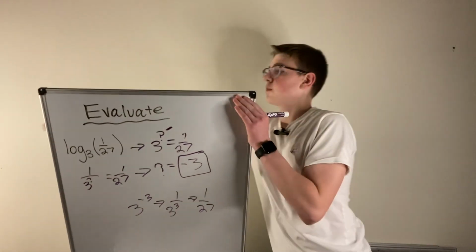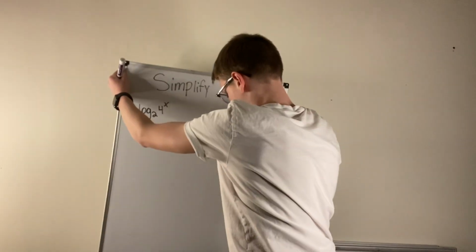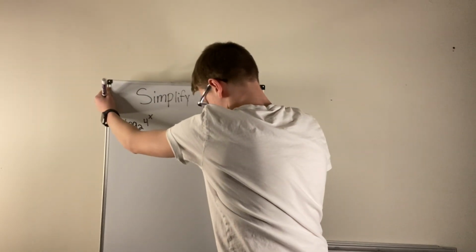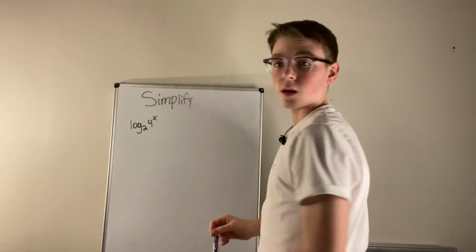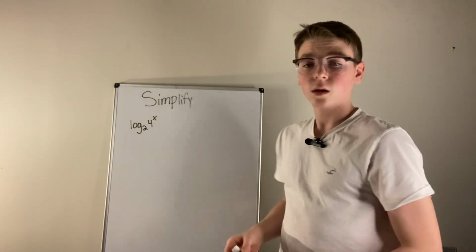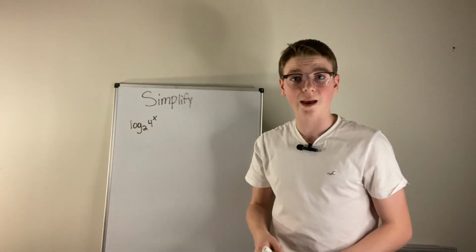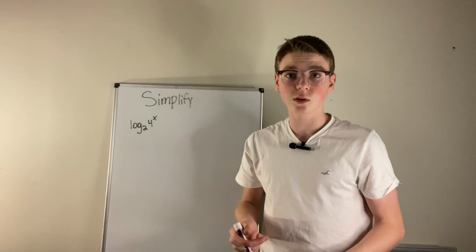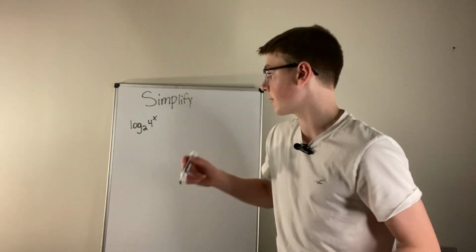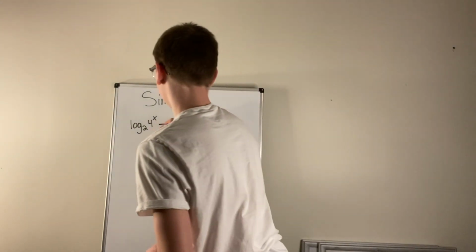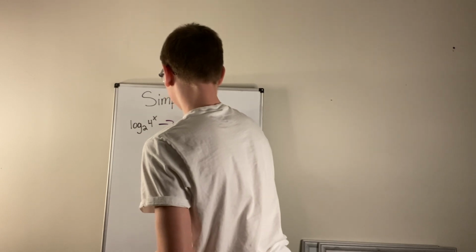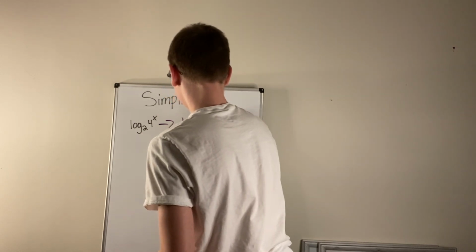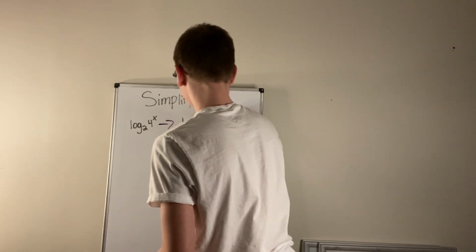Okay, so next we're going to simplify an equation. And what equation are we simplifying? Well, log 2 of 4 to the x. How do we do this? There's two ways, and I'll show you both of them. Well, two ways I know of. So the first one is just canceling the log.